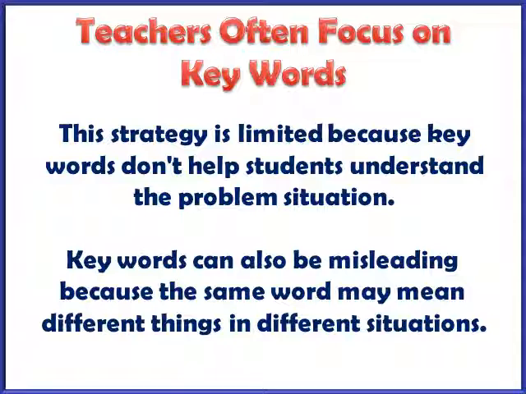Keywords can also be misleading because there's no guarantee that they'll always mean that same thing. They might mean different things in different situations. So when we teach students a problem-solving strategy, we really have to focus on a strategy that is really focusing on understanding the problem more deeply.